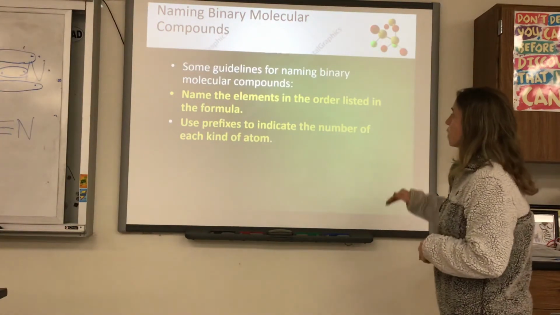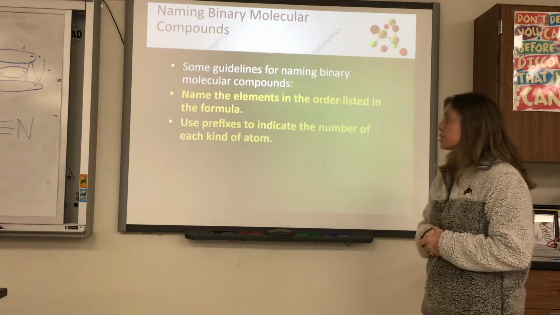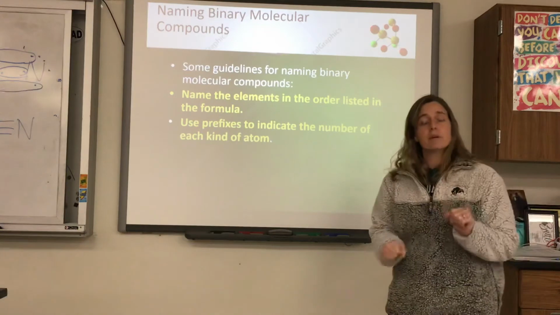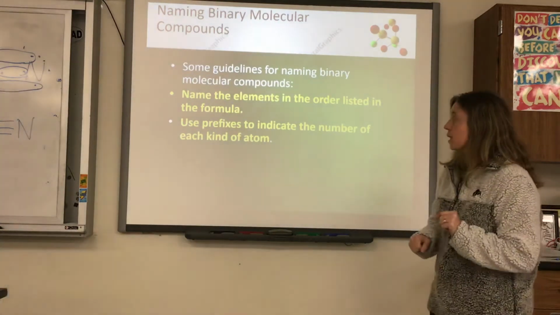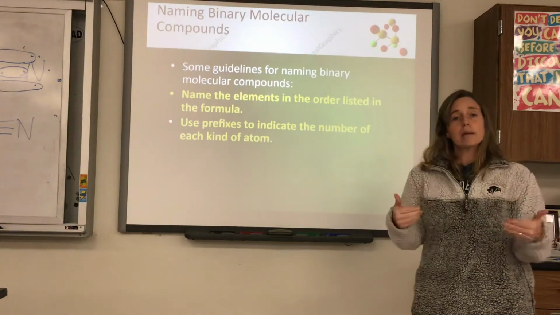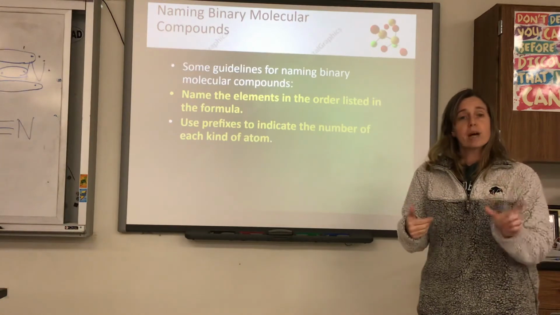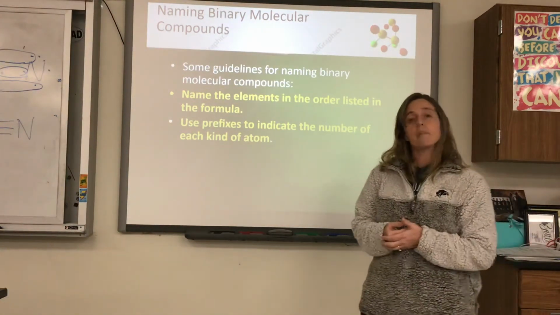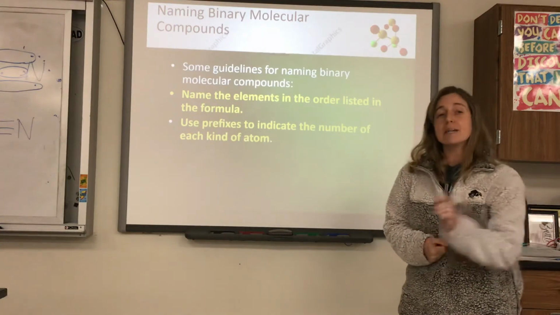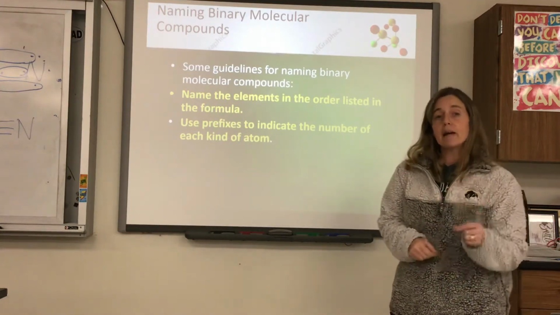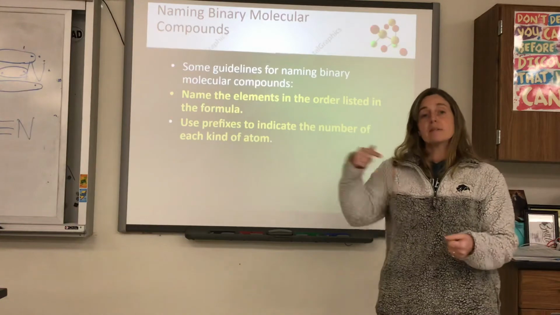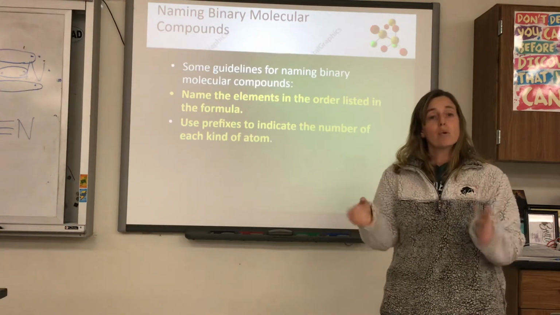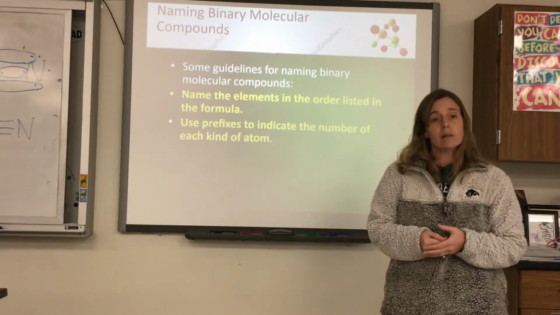First of all, you will name the elements in the order listed in the formula, same as ionic. And what also is going to be the same as ionic is that when you're writing the name, the first element gets its original name, kind of like what we did when we were talking about ionic compounds, like NaCl. Do you remember how the Na just got sodium, but then the Cl changed to -ide? Well, the same rule applies in covalent compounds.